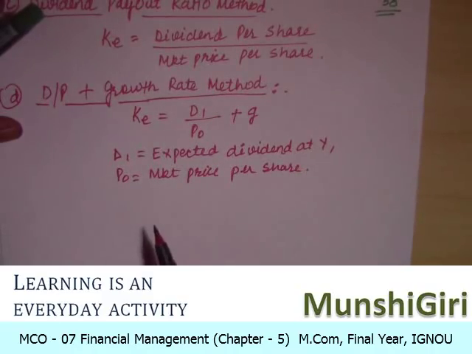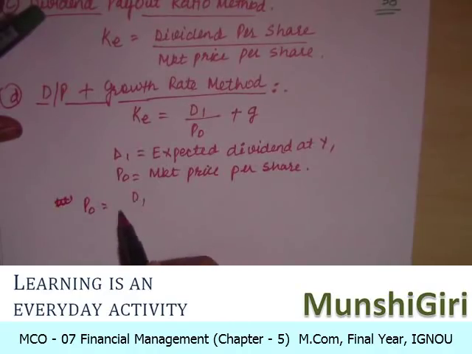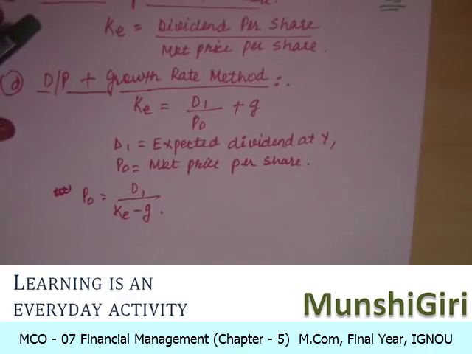This formula is generally used to calculate the current price per share, so P0 is equal to D1 upon (KE minus G).